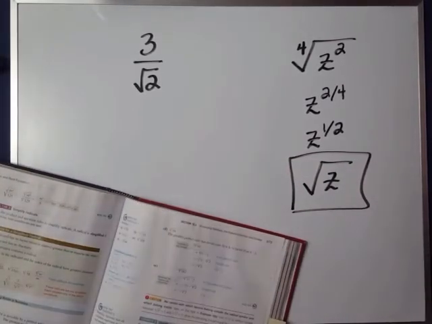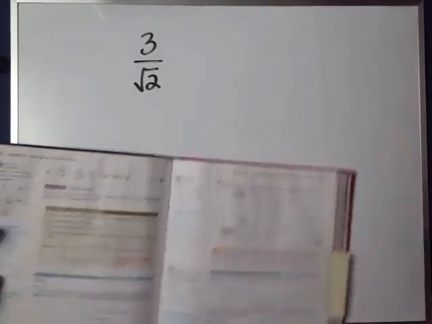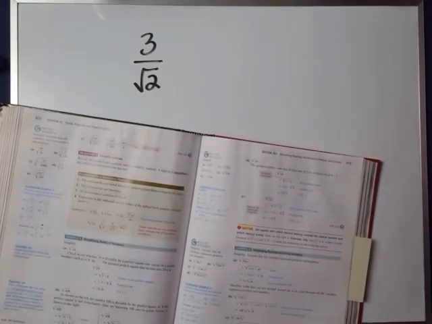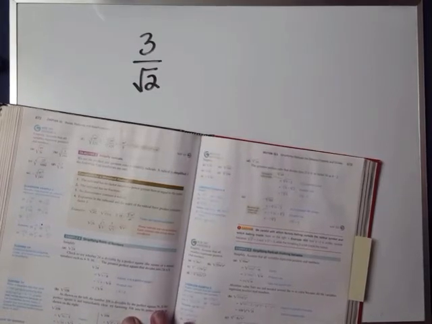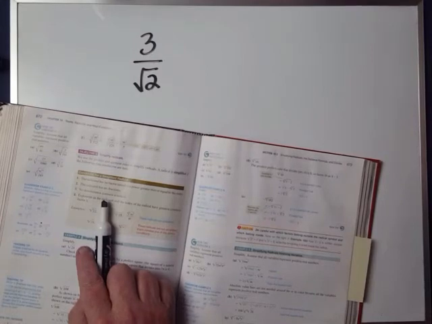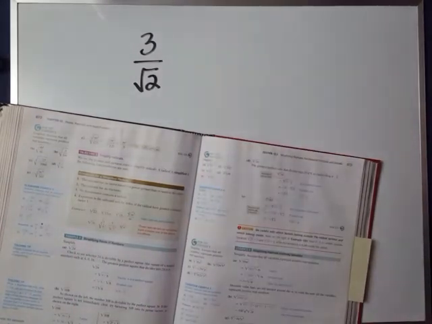But now let's re-examine this third rule of simplification. And I said we would come back and talk about this another day. Well, this is the only day we have left, so we're going to talk about it. Number 3, it says no denominator contains a radical. That's a problem with the one here on the board.